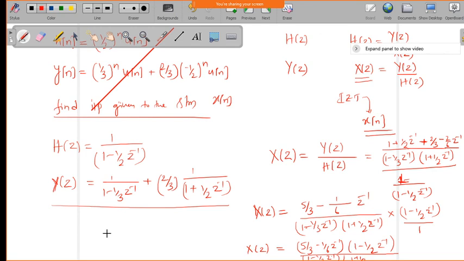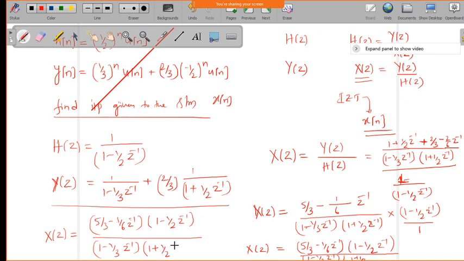Check the x of z, whether you got the same thing: 5 by 3 minus 1 by 6 z inverse, into 1 minus half z inverse, divided by 1 minus 1 by 3 z inverse into 1 plus half z inverse.